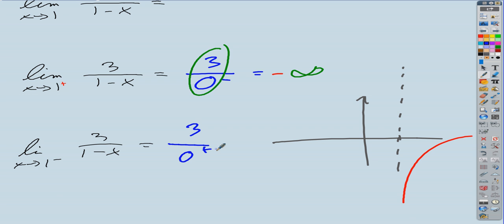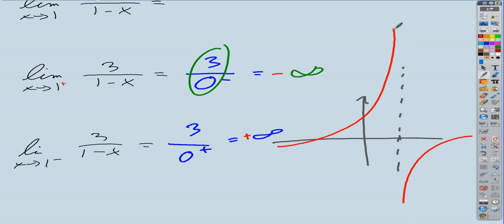So I interpret that as infinite, but then we know it's positive because I get positive divided by positive. I don't write the positive sign there. Infinity implies positive infinity, right? And so from the left, if I approach 1 from the left, I see that going on, right? And so that tells us the behavior of the function.